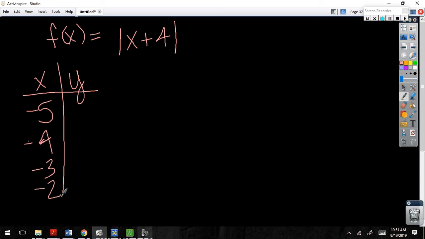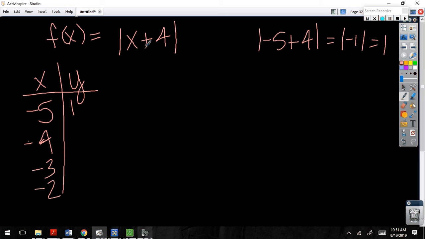So what's the first time it becomes negative in here? At negative 5. Because when you plug negative 5 in here, you get negative 1, which is 1. Right.